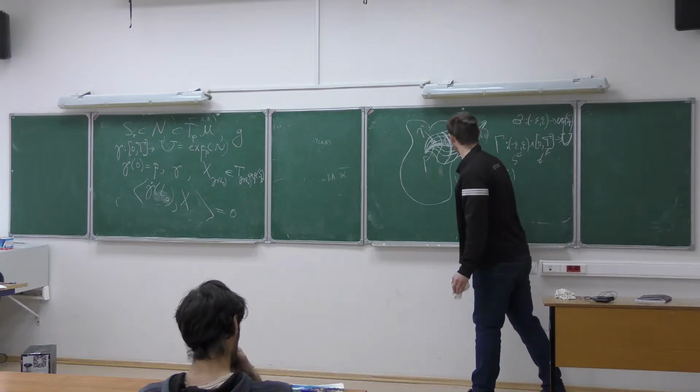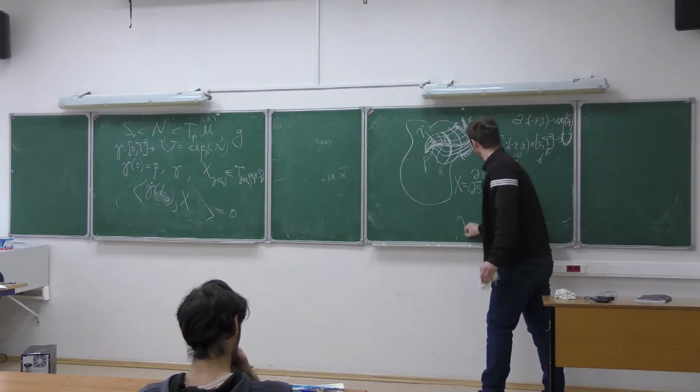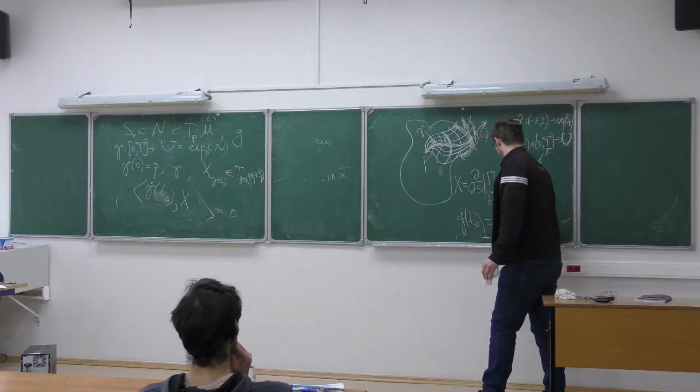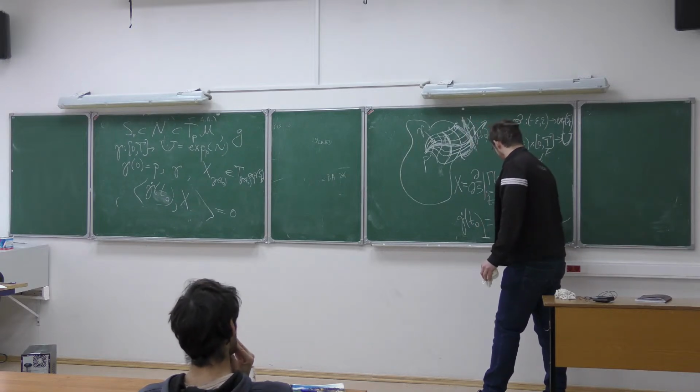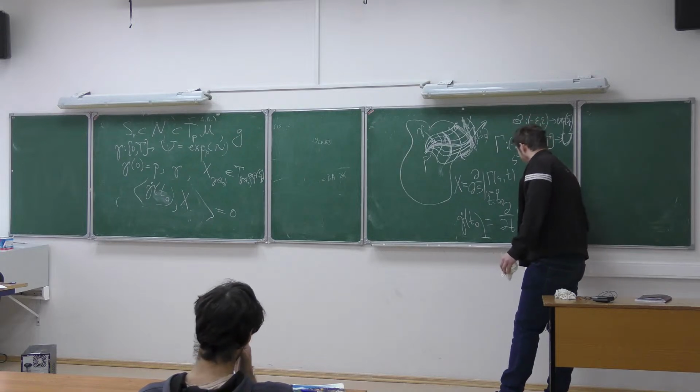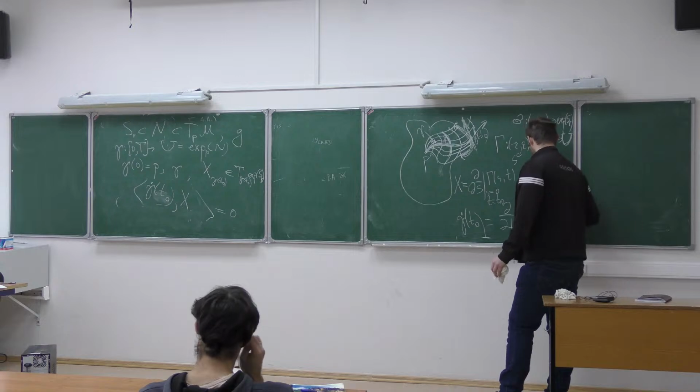This is our x, and gamma dot t naught is just d over dt at the same point of gamma s of t.